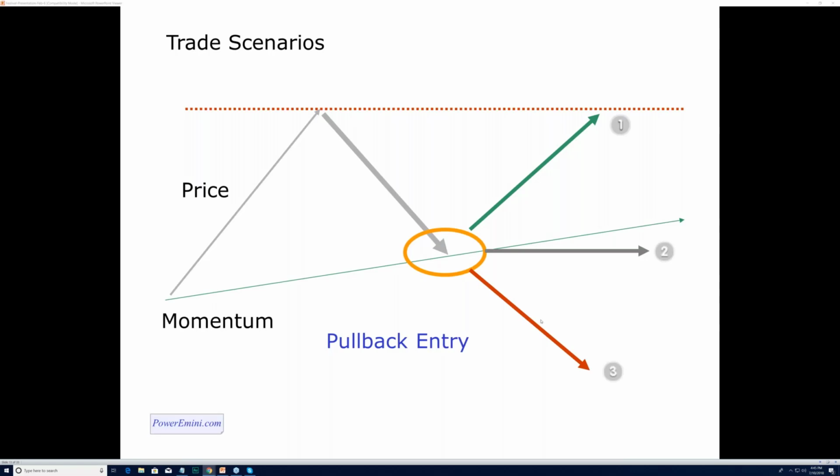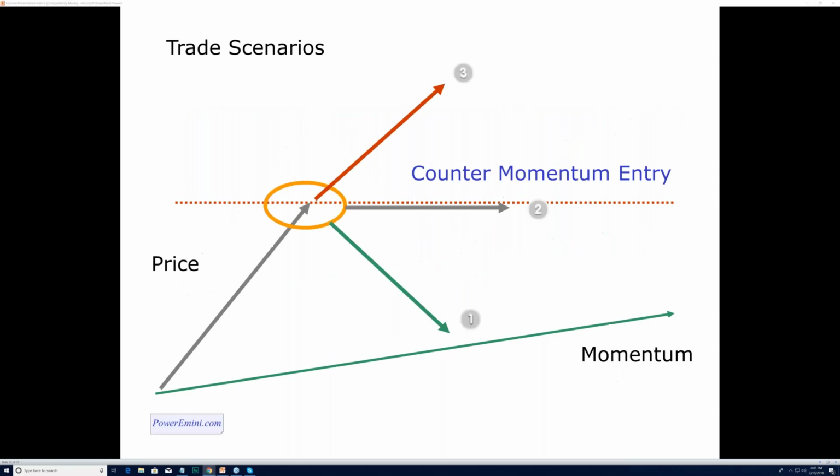Or we get a failure. Guess what? We get hooked into a little trigger on the bounce, but it doesn't bounce. It was a false bounce. And so we end up continuing to break down, and we run down and hit our stop. And of course, we could bounce around, clang around, and just scratch the trade and be out, break even. So there's your pullback entry. Guess what? It's got a failure as well.